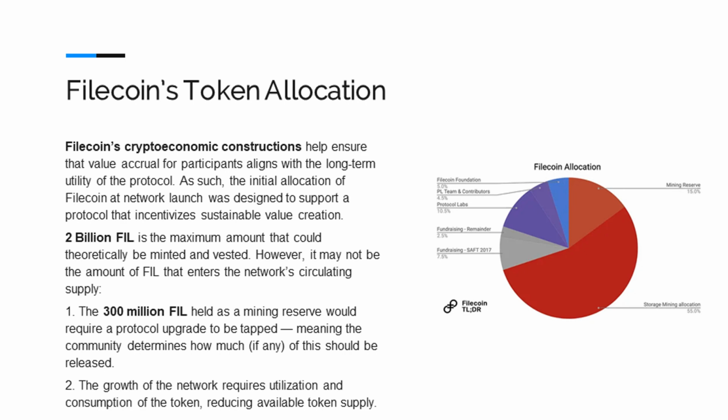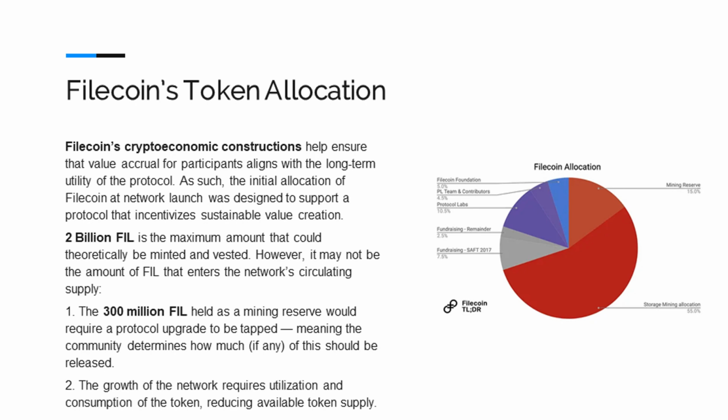2 billion FIL is the maximum amount that could theoretically be minted and vested. However, it may not be the amount of FIL that enters the network's circulating supply. The 300 million FIL held as mining reserve would require a protocol upgrade to be tapped, meaning the community determines how much, if any, of these should be released. The growth of the network requires utilization and consumption of the token, reducing the available token supply.